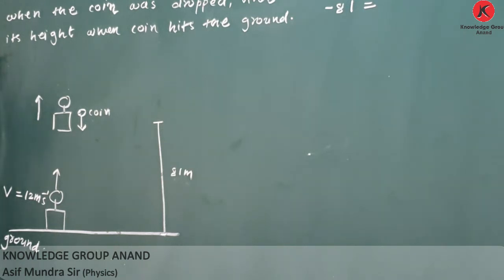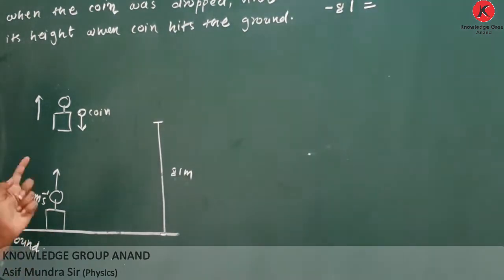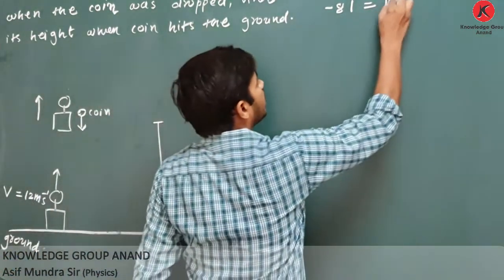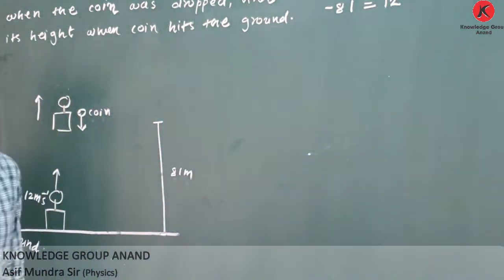Clear about this? Then you have to take care of this point. Here the initial velocity of the coin is in the upward direction, same as the balloon. So yes, v0 you have to take as 12.